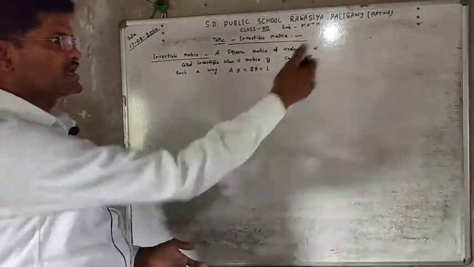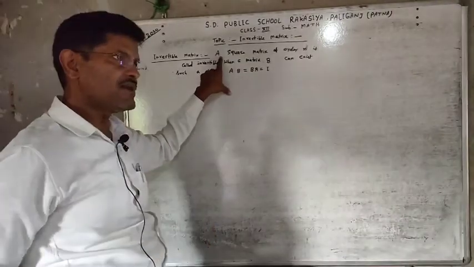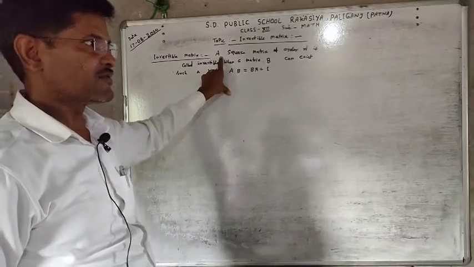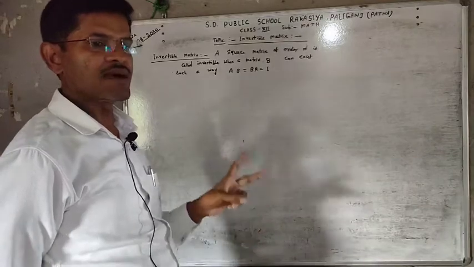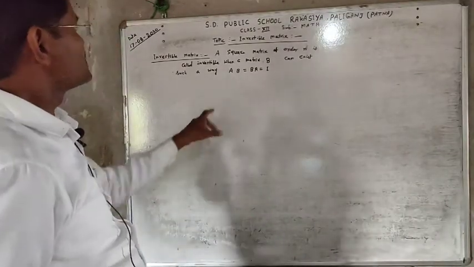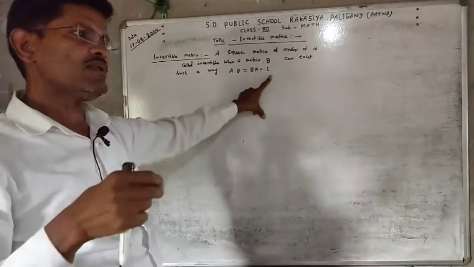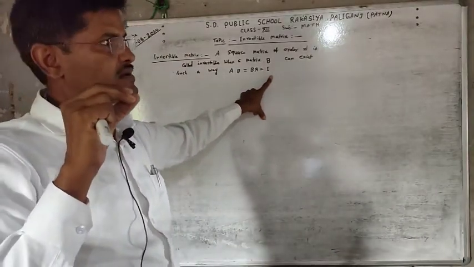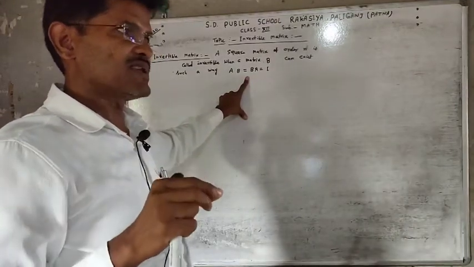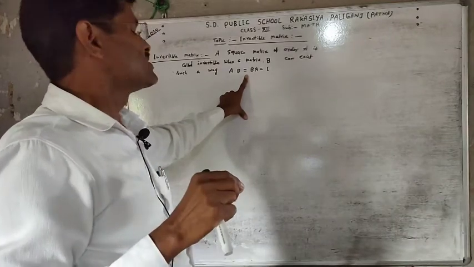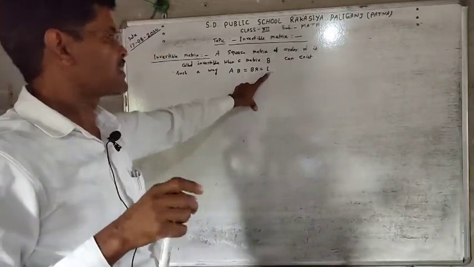We can say in other words, a square matrix will be an invertible matrix if the multiplication of the matrix with another matrix is an identity matrix. That is, the product of any square matrix and its inverse will be an identity matrix.